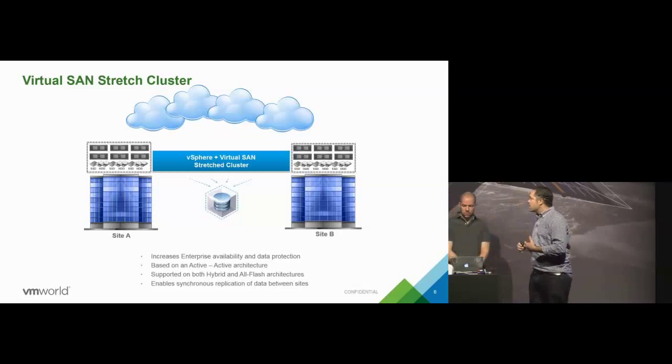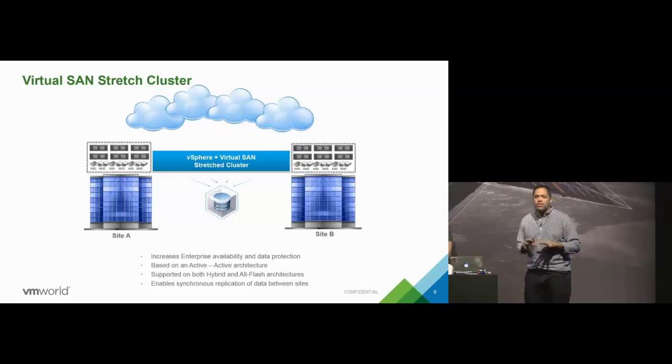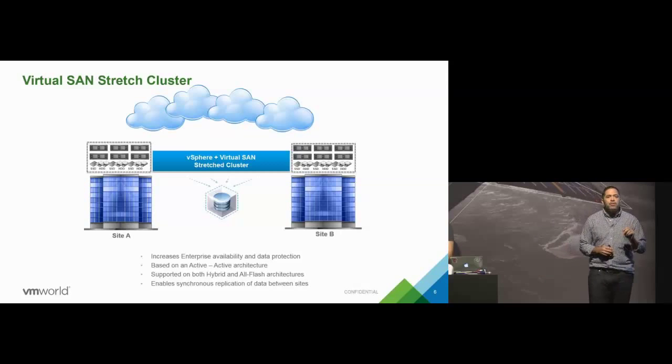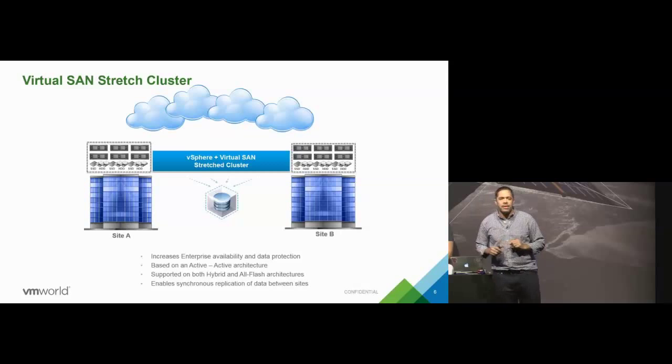This solution works whether it's the hybrid model of vSAN or the all-flash model of vSAN. Any flavor, any architecture, it works with either one. Very powerful when it comes to performance. One of the things vSAN is able to deliver seamlessly is synchronous replication between those data sites.